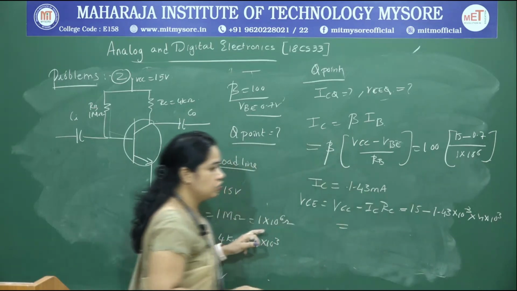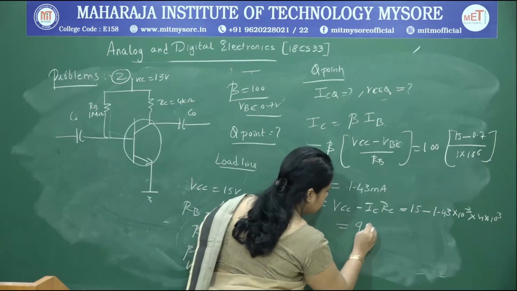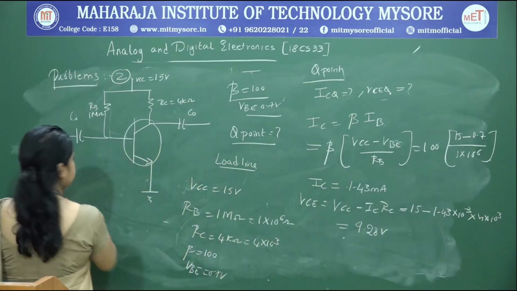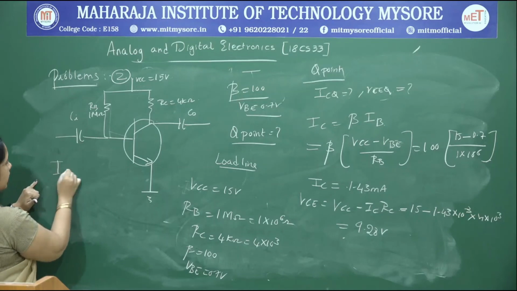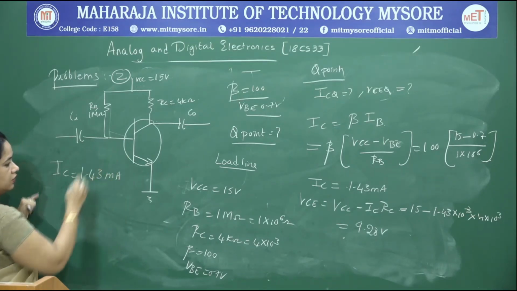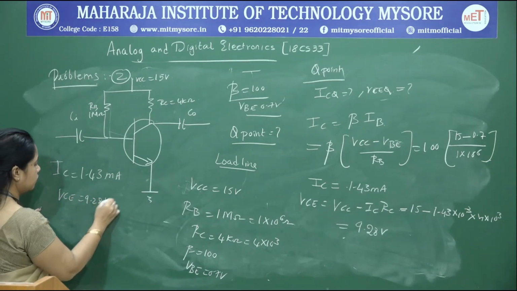Substituting this, you get a VCE of 9.28 volts. I write it here because I may need IC later for plotting the load line, and VCE is 9.28 volts.